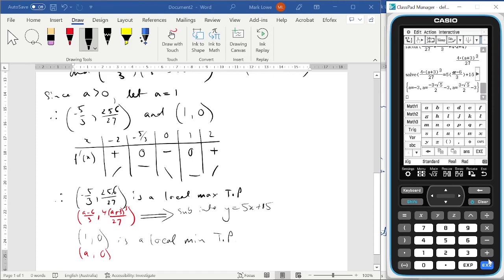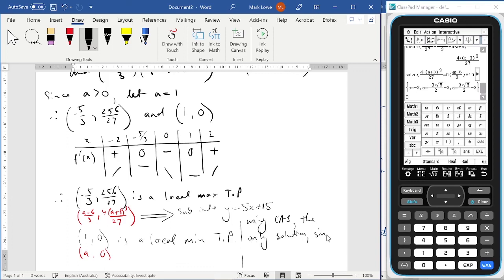Now, because at the start it says that a is a positive real constant, then that last solution is the only one that is applicable. Yeah, definitely a harder type of problem.